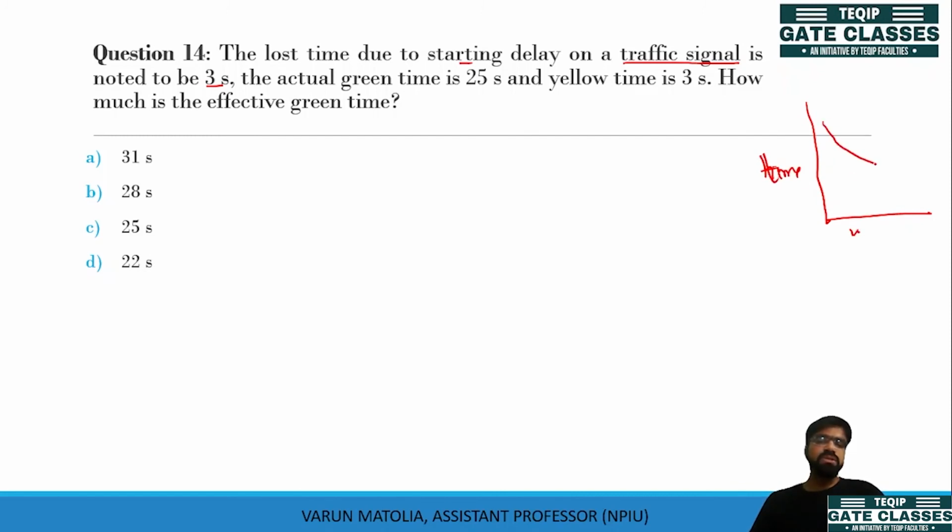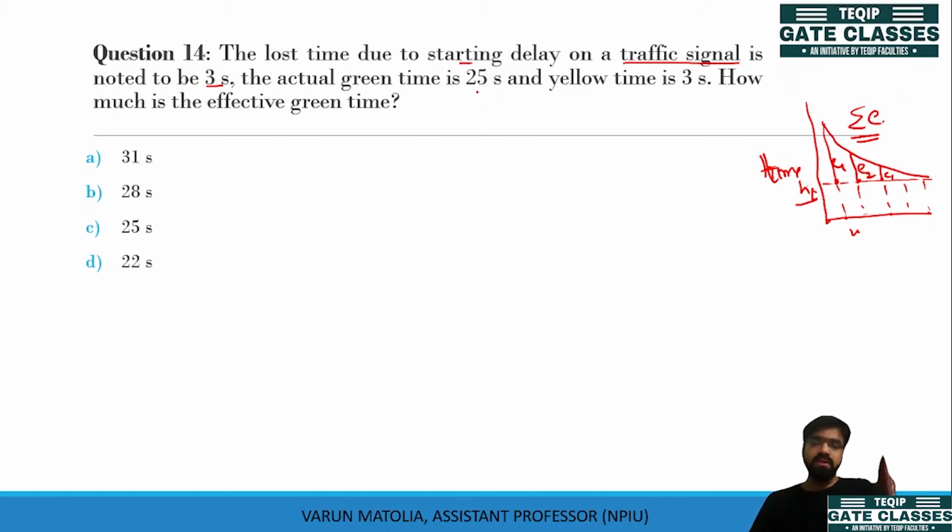The first vehicle was taking more time, and then all the vehicles later on, first vehicle, second vehicle, third vehicle, this is the extra time taken by these vehicles, and other vehicles were taking time equal to the headway. So the total time, this summation of E, is equal to 3 seconds.